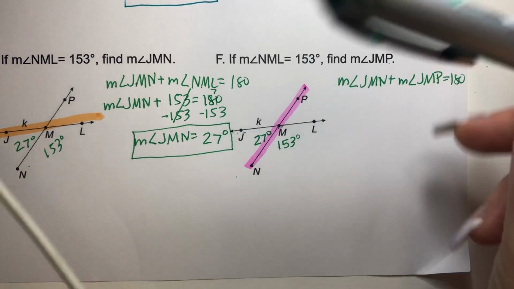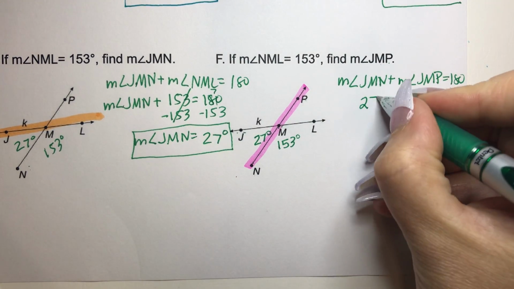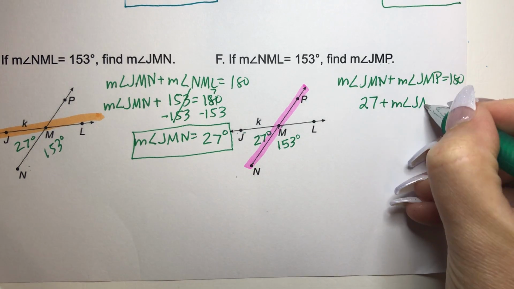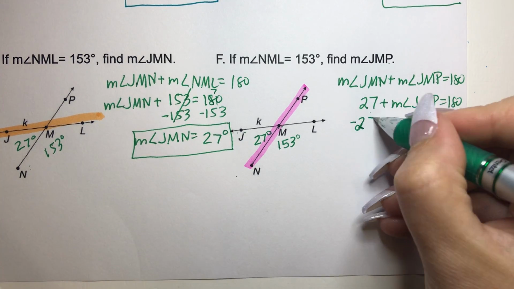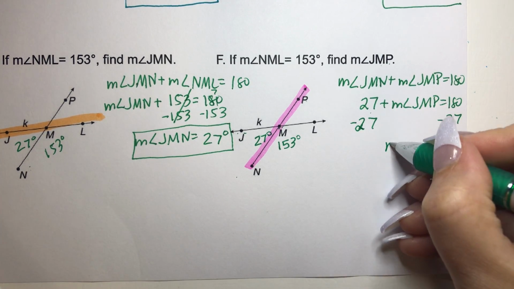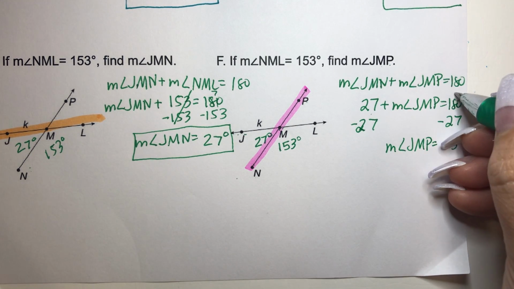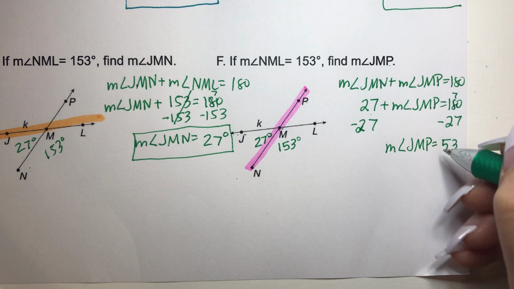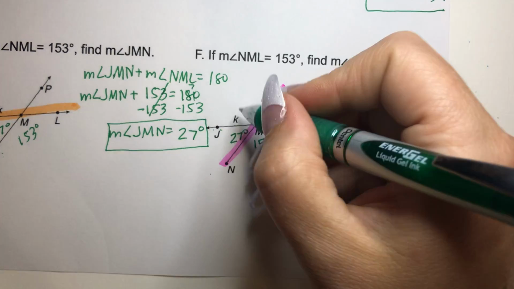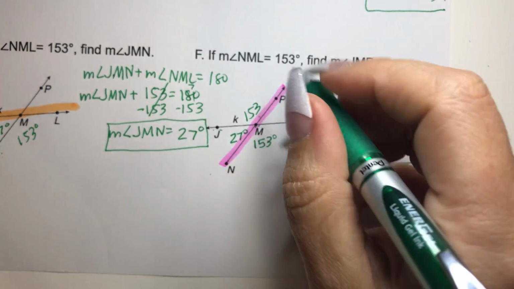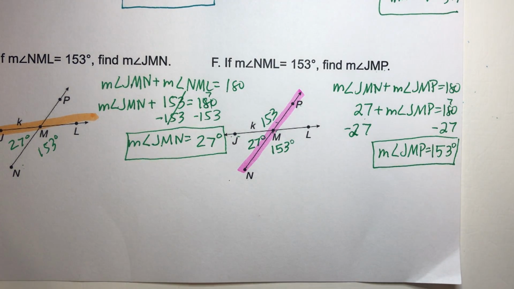Now I'm going to substitute in that JMN is 27, and then use my subtraction property of equality. JMP ends up being 153 degrees, which is the same as this one. Okay, if you got both of those right, you did a wonderful job, and I'll see you in a little bit for example 4.